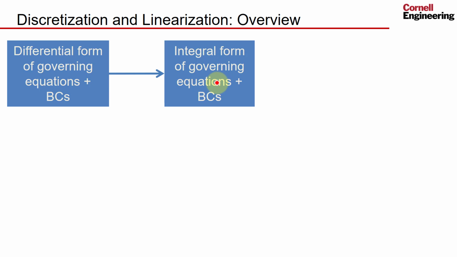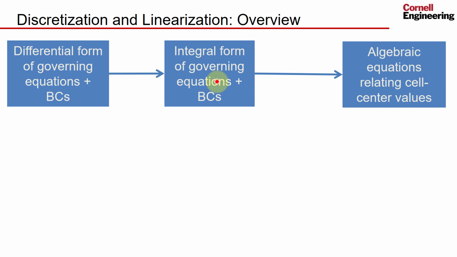The integral form, the advantage is that I can apply it to control volumes, cell by cell, and derive algebraic equations relating cell center values. And in the process, I introduce an error, the discretization error, and intuitively, you probably can sense that this error can be minimized by using more cells, i.e. refining the mesh. And these algebraic equations, you can think of them as algebraic statements of conservation.